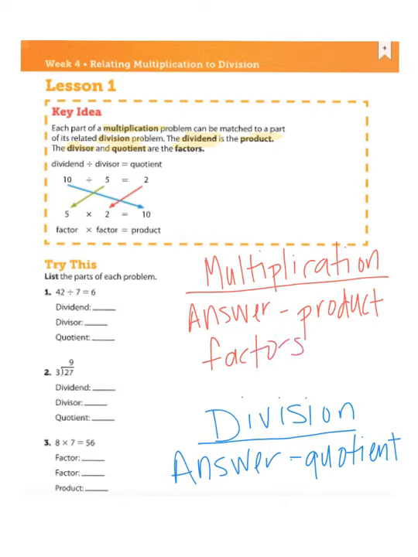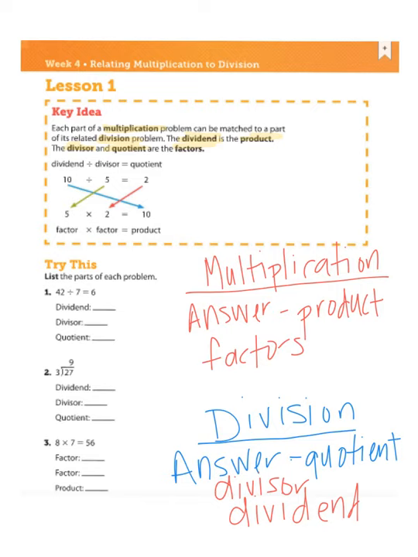In division, we have divisor, and dividend. Make sure I spell that right. So divisor, dividend, quotient, division. In multiplication, we just have factors and product.